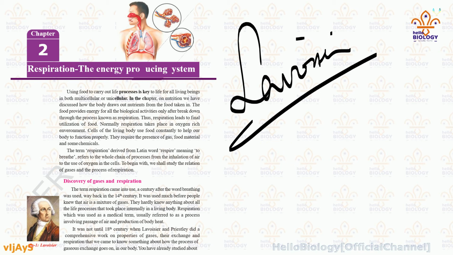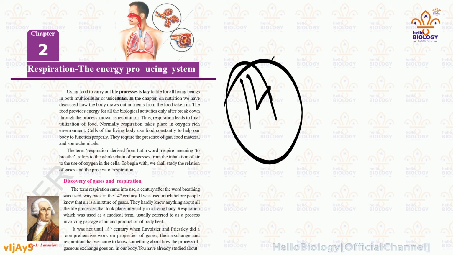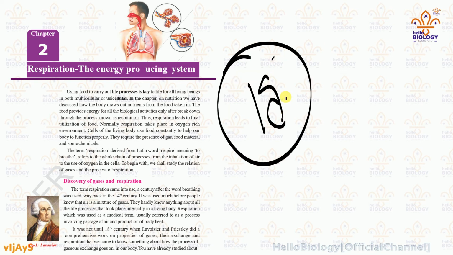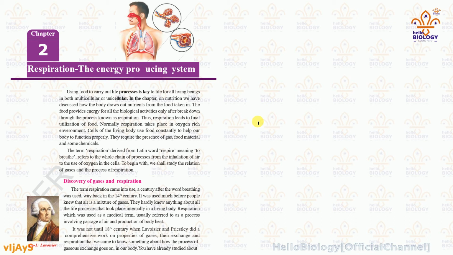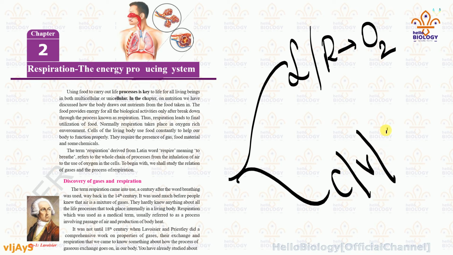Before the 18th century, no one knew about oxygen and carbon dioxide. Slowly, during the 18th century, the discovery of gases was made. In his series of experiments, Priestley said two things: living gas, respirable gas, is oxygen, and chalky acid gas, vitiated air, fixed air, is carbon dioxide.